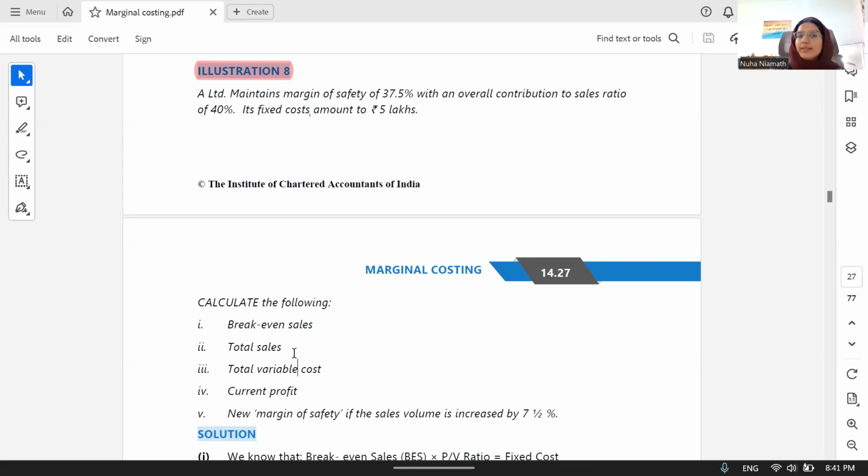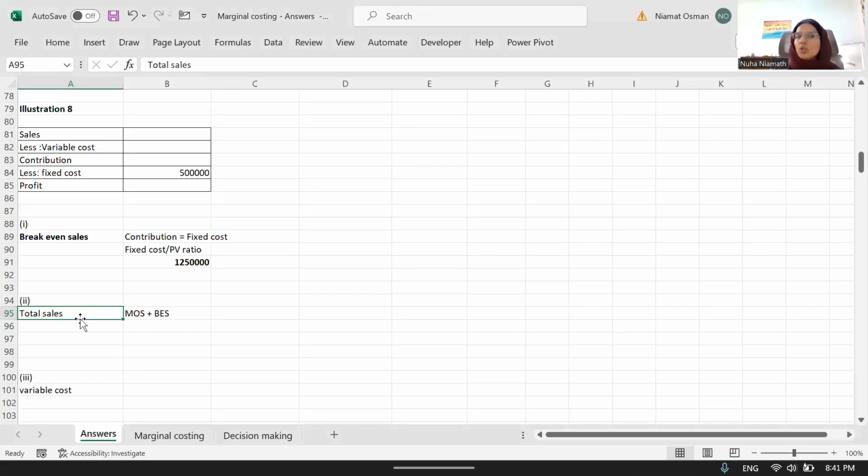How do you think we can calculate our total sales? MOS plus BEP. Correct. So your total sales is your margin of safety plus break-even sales.